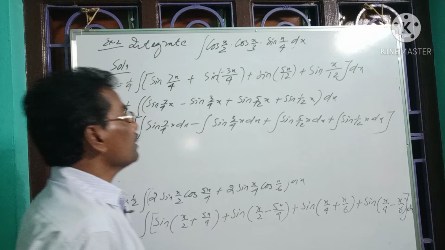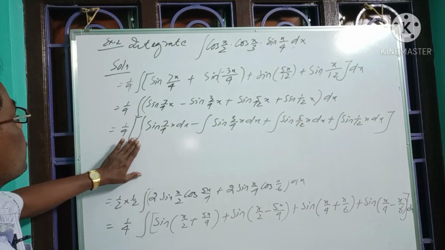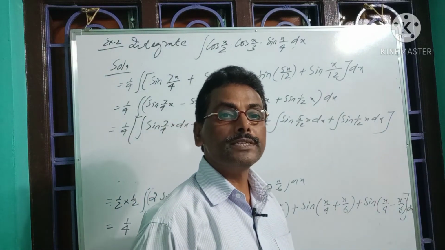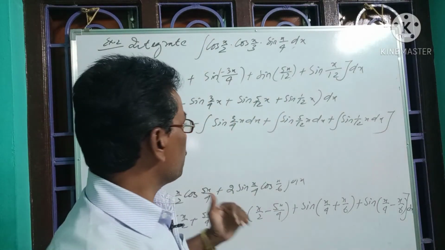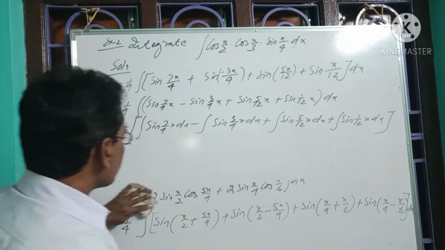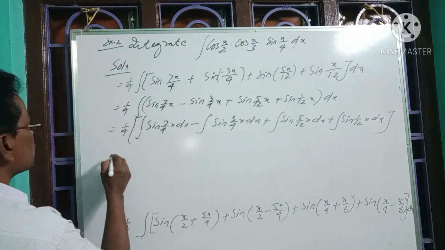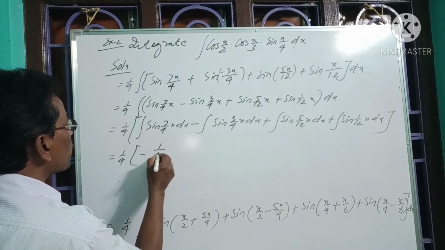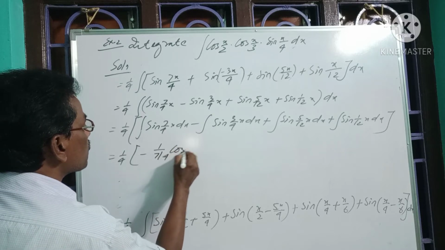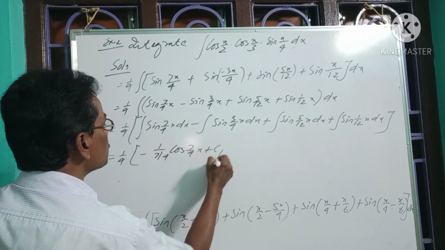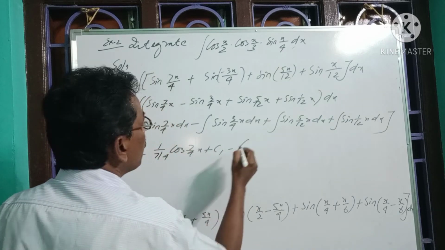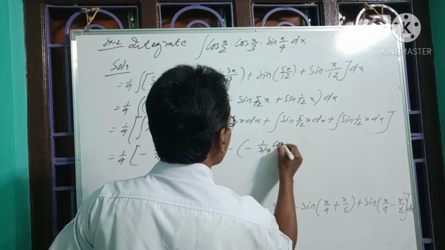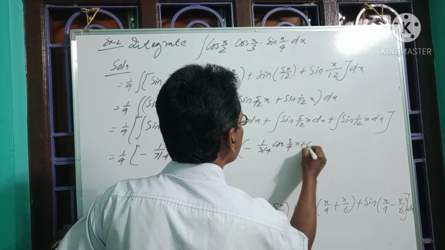Now all the integrands are eligible for integration and we can integrate them. So using the formula, integration of sin mx is minus 1 by m into cos mx plus c, we can integrate all the functions like this. That is 1 by 4 into, it will give us minus 1 by 7 by 4 cos of 7 by 4x plus constant c1, then it will give us minus 1 by 3 by 4 into cos of 3 by 4x plus constant c2.